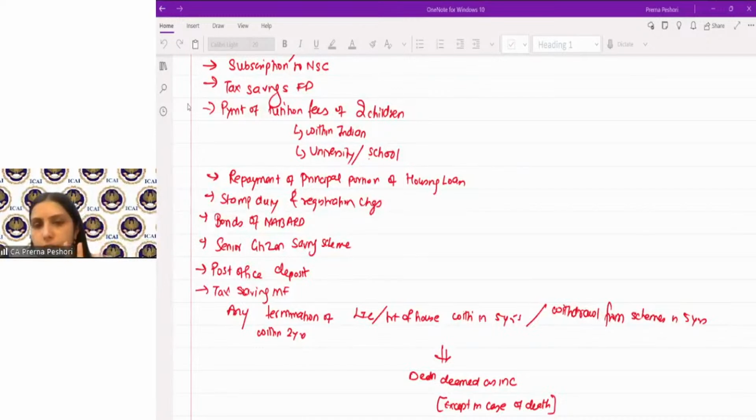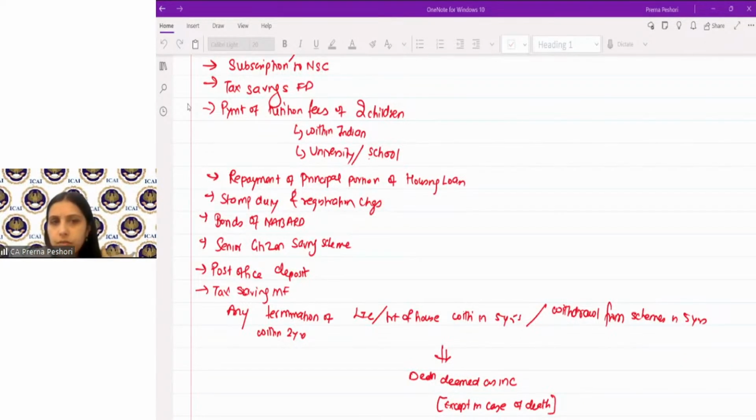Any sum which is received on the LIC as well as on the unit linked insurance plan is exempt under section 10(10D), provided the premium paid does not exceed 2,50,000. If it is lesser than 2,50,000, then you have the exemption under 10(10D) for any sum received on account of LIC or on account of the unit linked insurance plan, right?